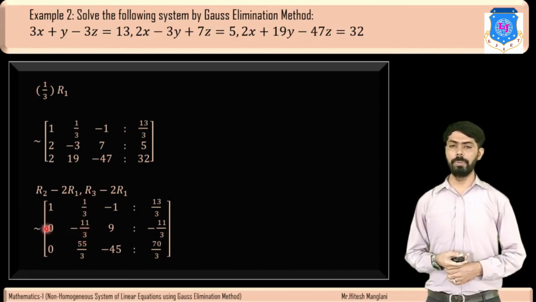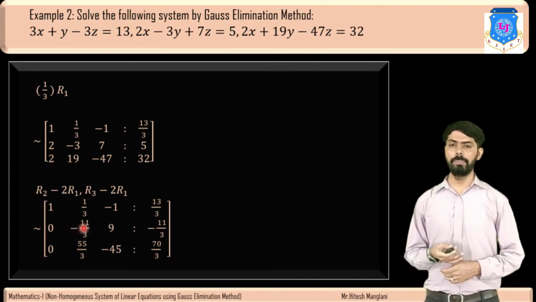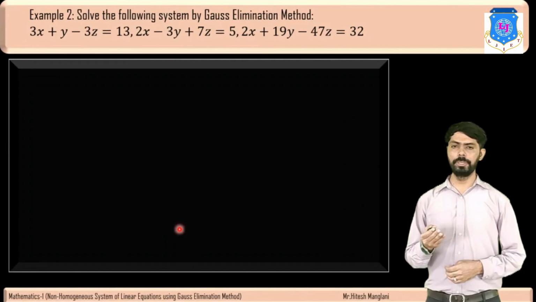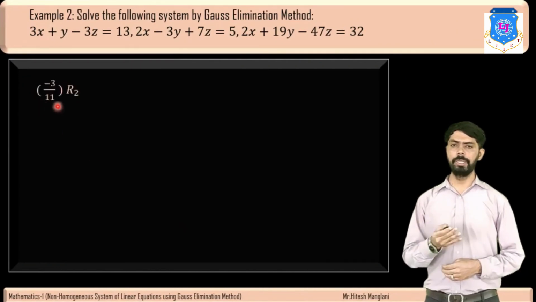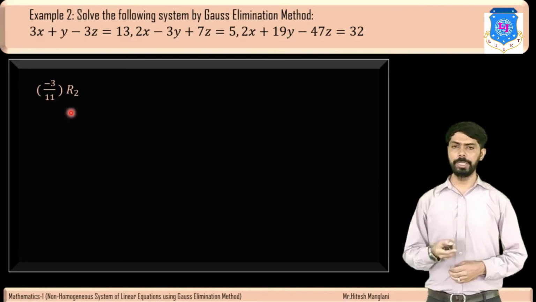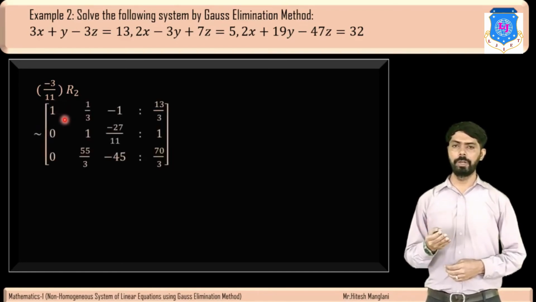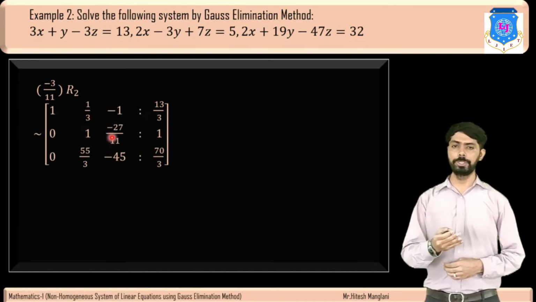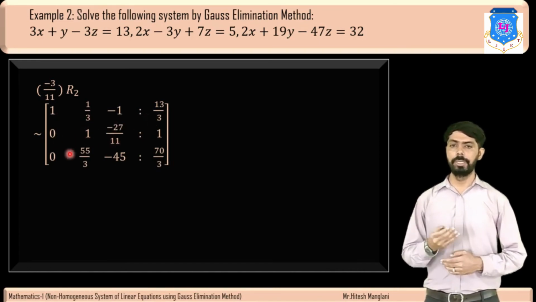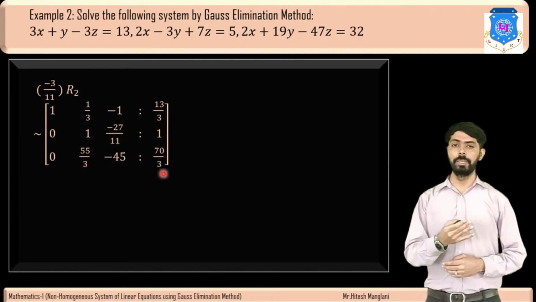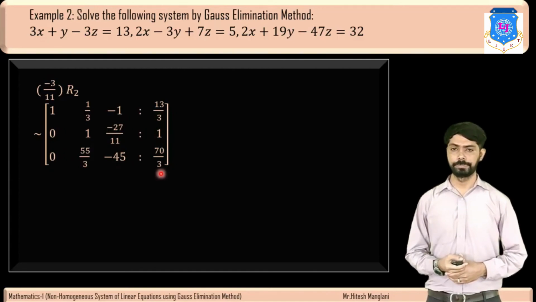So for that, we will multiply the second row by -3/11. We will use the row operation -3/11 into R2. If we use this row operation, then the next matrix will be the first row 1, 1/3, -1, 13/3, then 0, 1, -27/11, 1, then the third row 0, 55/3, -45, 70/3.